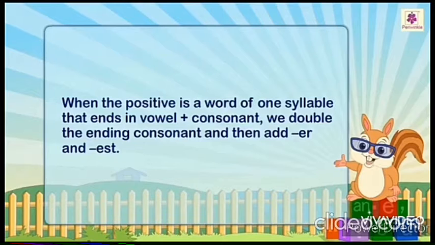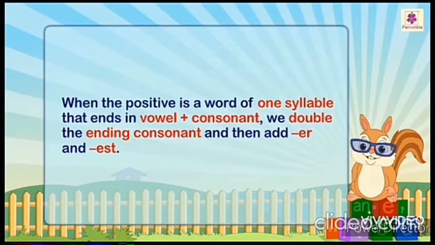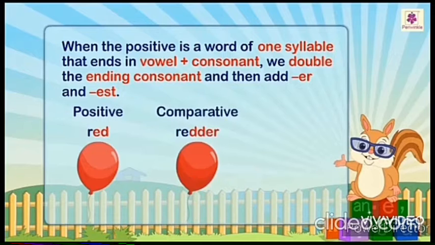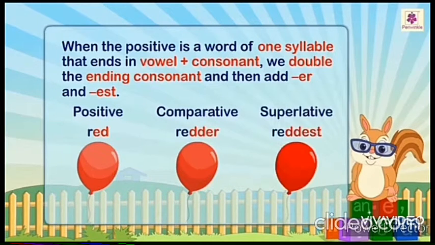When the positive is a word of one syllable that ends in vowel consonant, we double the ending consonant and then add er and est. Example, red, redder, reddest.